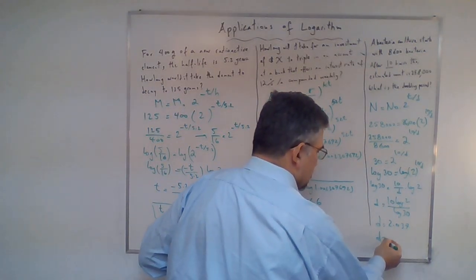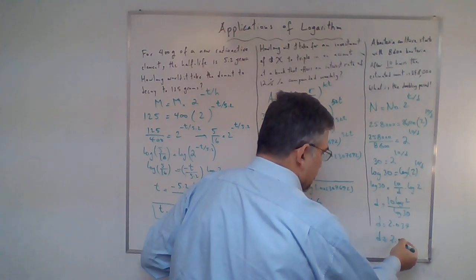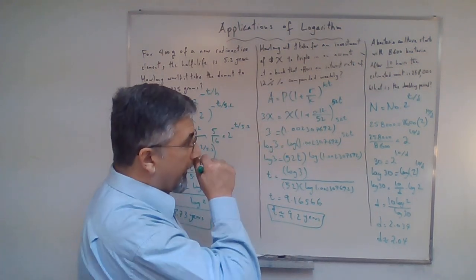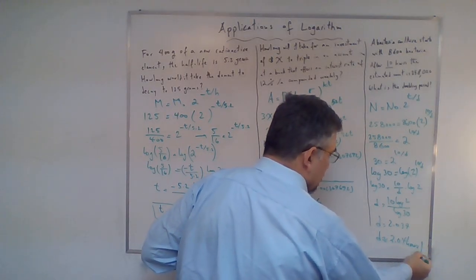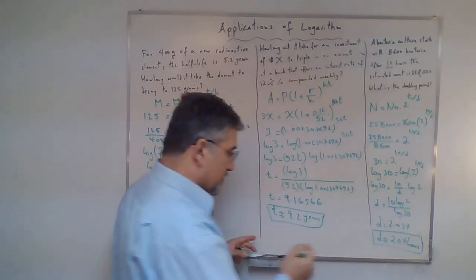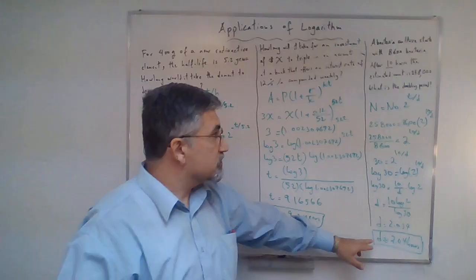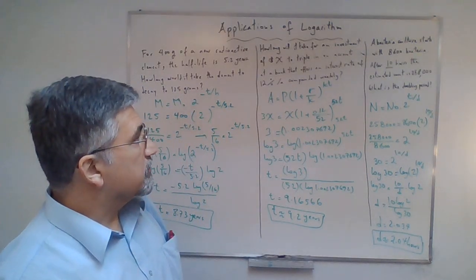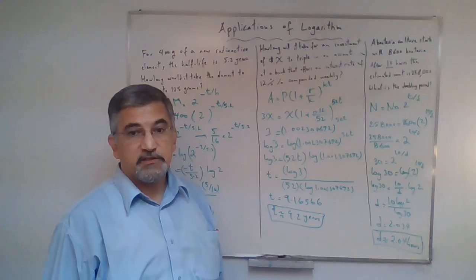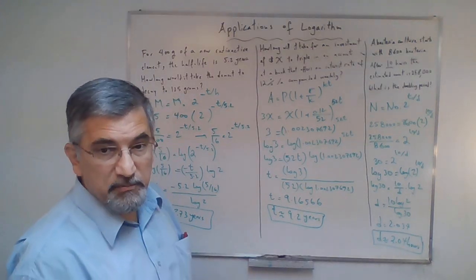We can say it's about 2.04, and the unit of measurement is hours. So this means that just a little bit more than 2 hours is the doubling period of this special bacteria in this biology lab.